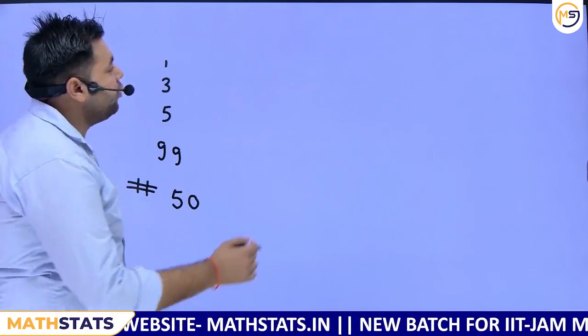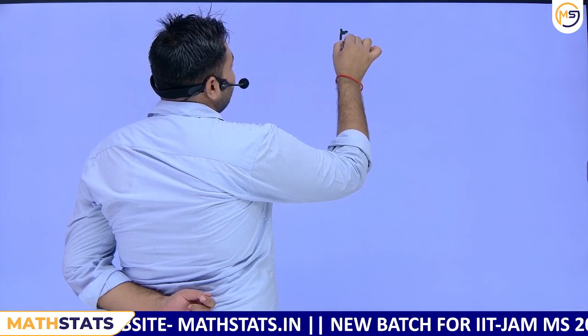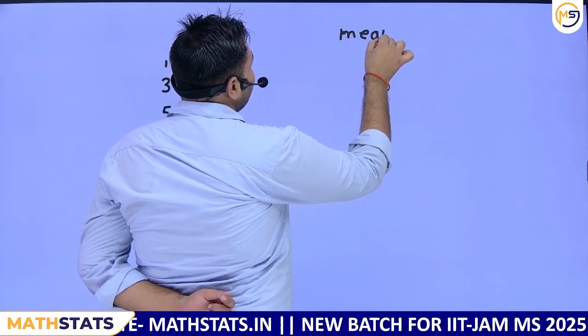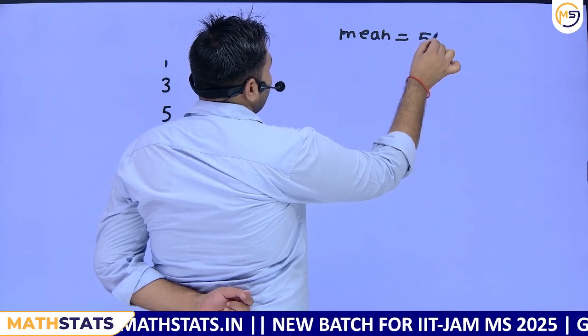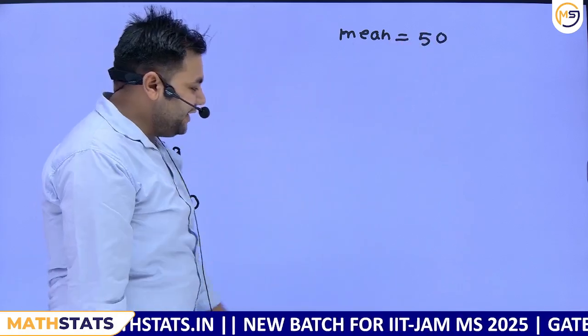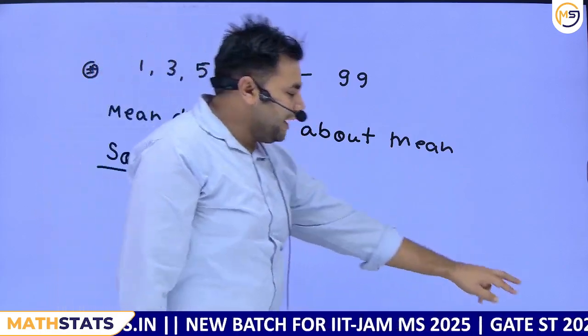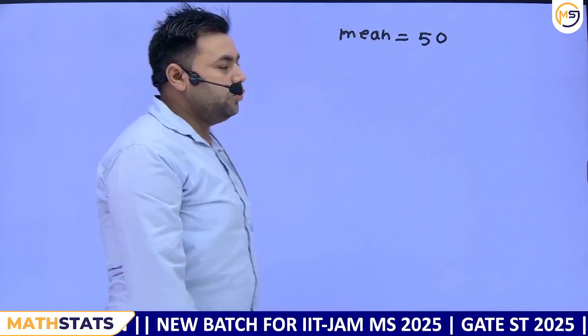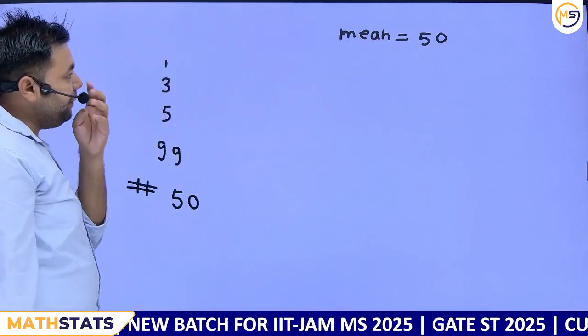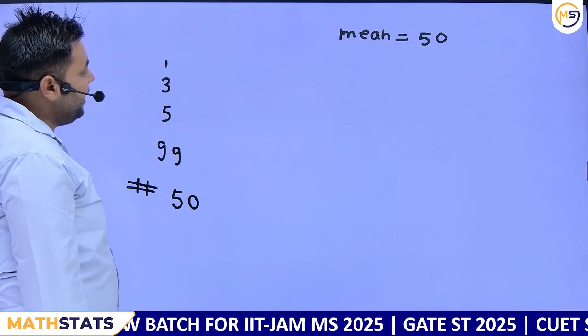So what is the mean? First, what is the mean of this data? Mean is not changed. Mean is the first term plus the last term by 2. So 1 plus 99 equals 100 by 2 equal to 50. So now the mean is 50.